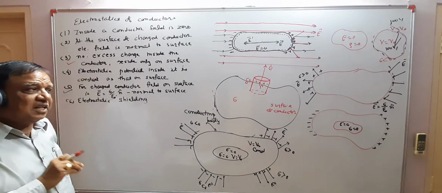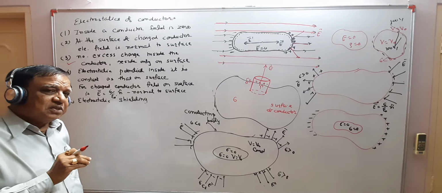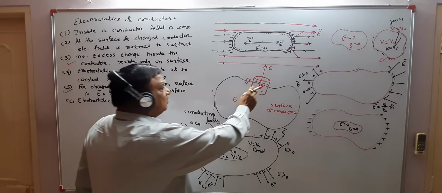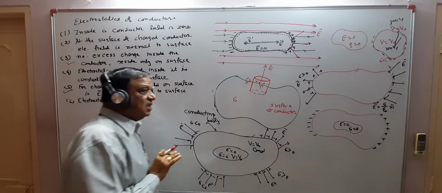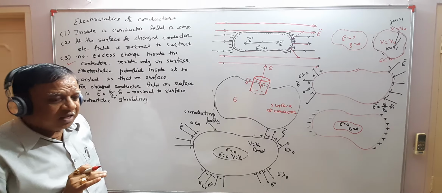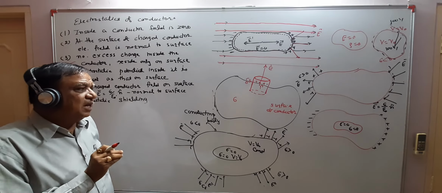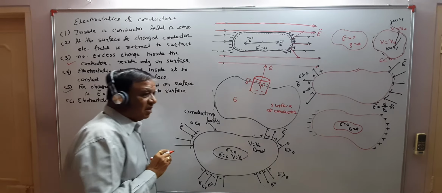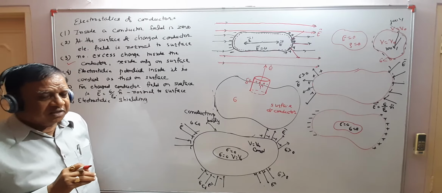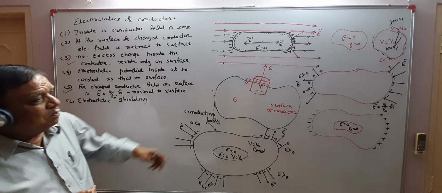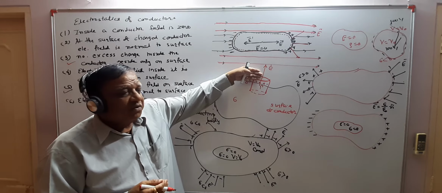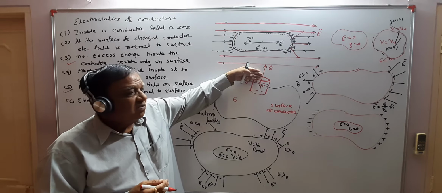Now we are considering a Gaussian surface, a pillbox, something like a cylinder of very small height, but considered in such a way that half of it is outside the surface, while the remaining half is inside the surface.